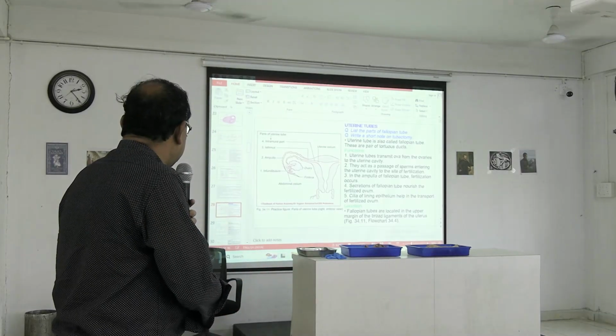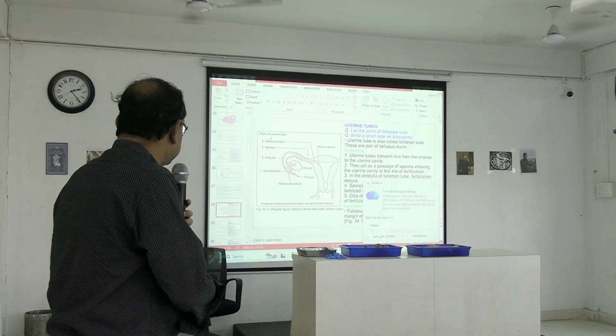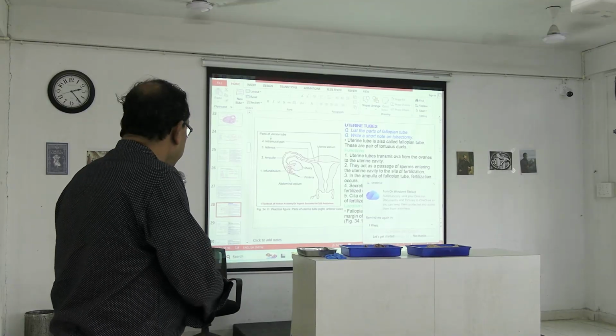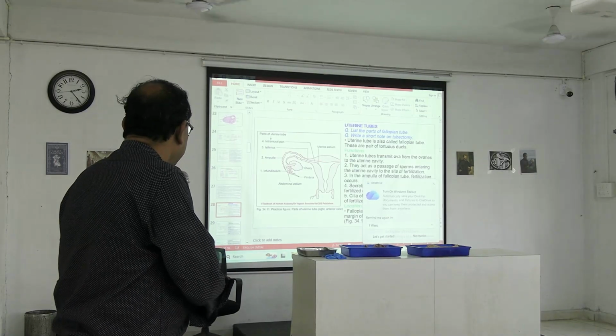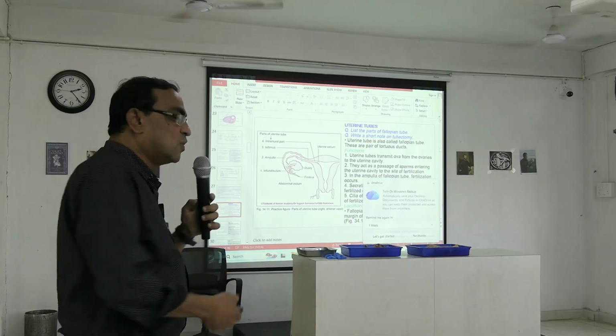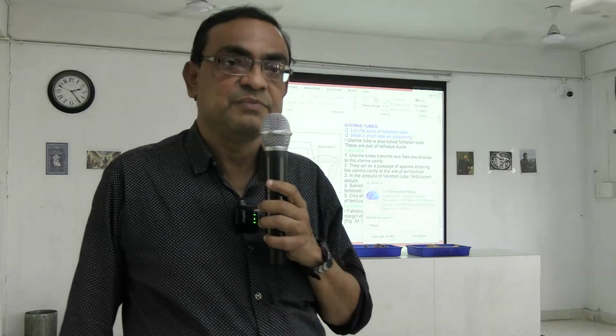And inside, the lining of the uterus, that is called the endometrium. So from outside inwards, we can get the peritoneal layer, that is the perimetrium, then myometrium, and inside is the endometrium.